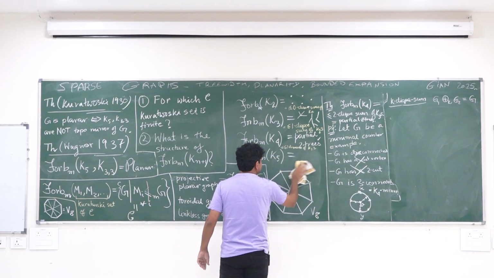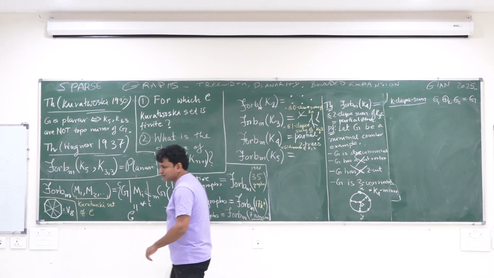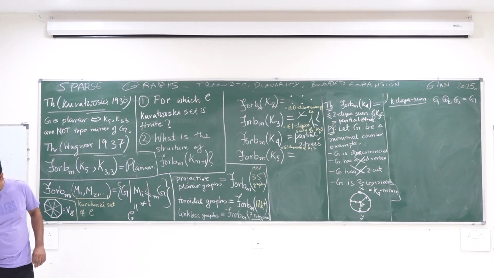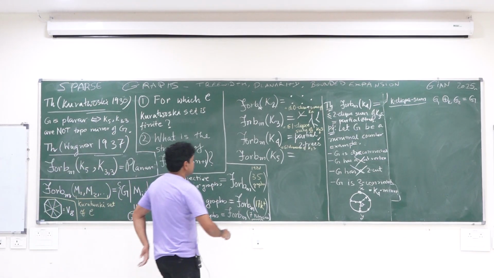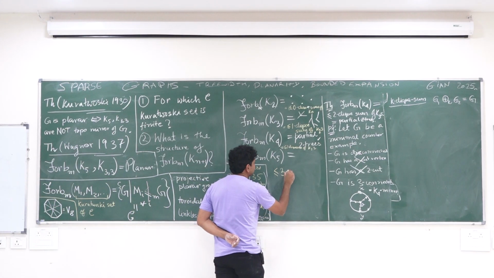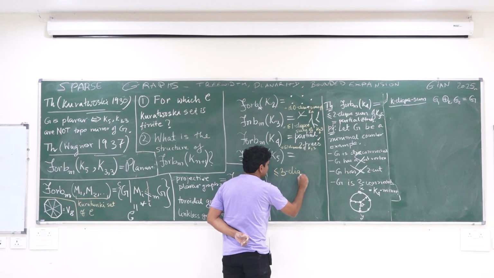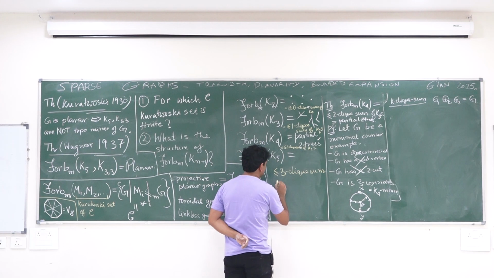So I will tell you the answer for this without proof. But the answer is already quite nice. I like this answer very much. So it is less than equal to 3 clique sum of planar graphs and V8.